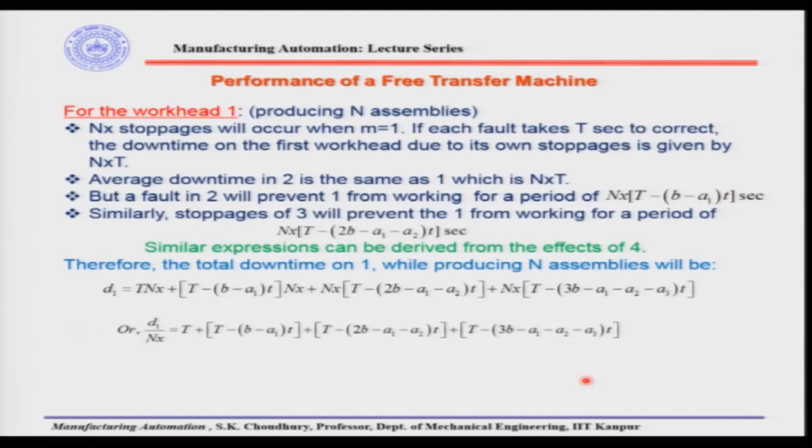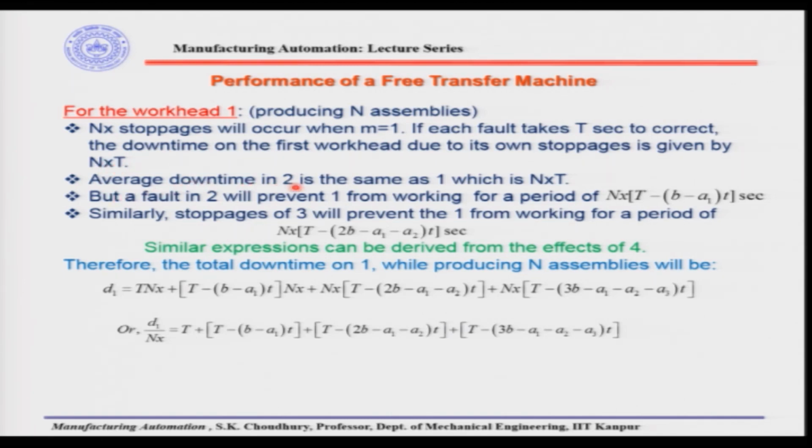Performance of a free transfer machine: overall, we will see this is producing N assemblies. Capital N into small x stoppages will occur, when m is equal to 1, because all the defective parts will stop the machine. If each fault takes T seconds, the downtime will be N x T for the first workhead.